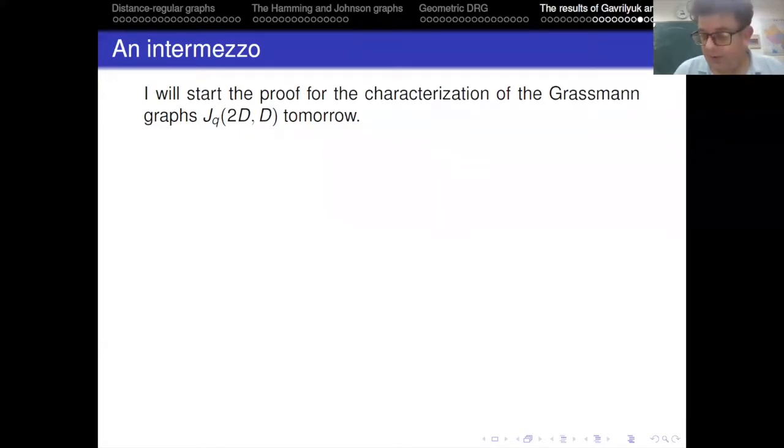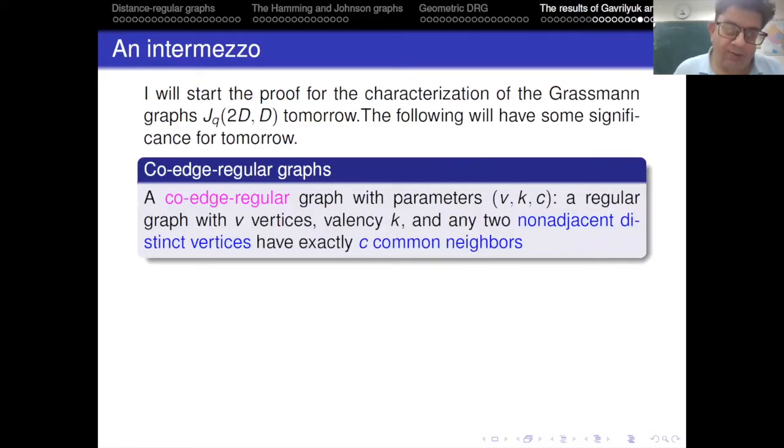Tomorrow I will consider the local graph, and then on Friday I will look at how to use that to characterize the Grassmann graph. I want to say something that is also important tomorrow, but you will not see that yet.